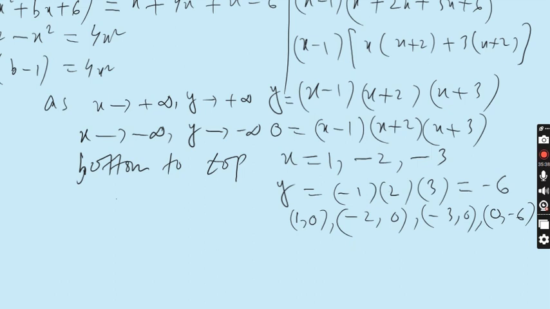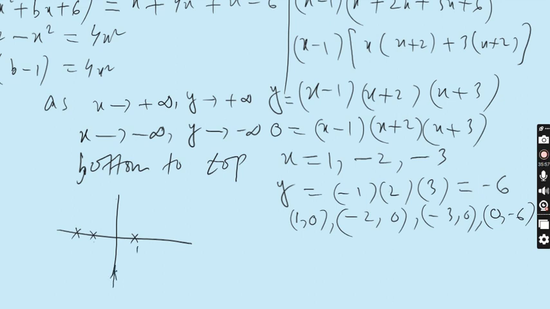Now sketch the graph. The first value is 1, 0, you can say over here, and minus 2, 0 over here, minus 3, 0 over here, and 0, minus 6 you can say over here.